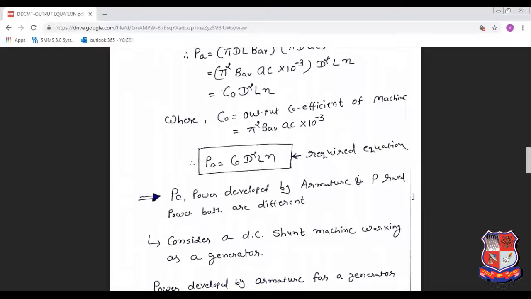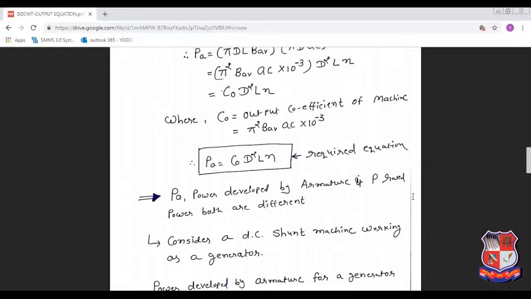From the output equation, consider two machines with the same dimensions. One machine rotates at 1000 rpm and the other at 2000 rpm. Definitely, the power developed by the 2000 rpm machine is higher than the 1000 rpm machine.